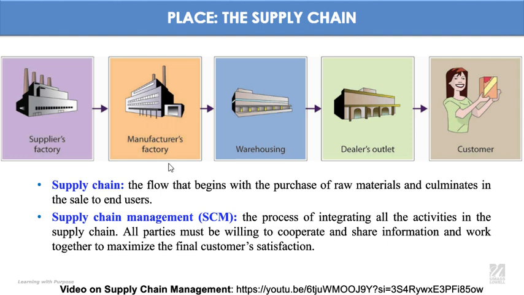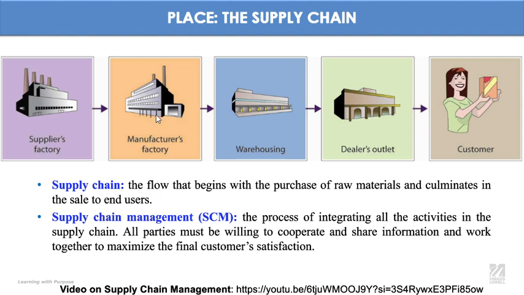Then they will sell this toy to a warehouse. So they will have here a lot of products, and they will distribute to retailers, to dealers, outlets, to everyone who has direct selling to customers. And then the customer will go to this store and they will buy it.